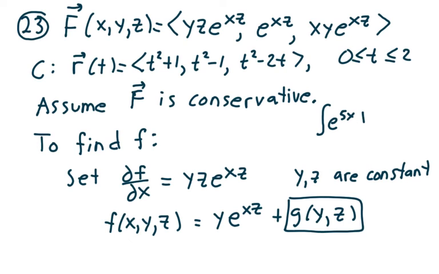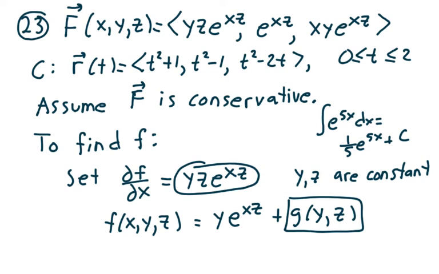The integral of e to the 5x dx is equal to 1/5 e to the 5x plus some c, right? So when I integrate this, I'm going to take this expression and divide by z. And when I do that, the z's cancel, and what I'm left with is f of xyz is y e to the xz plus g of yz.